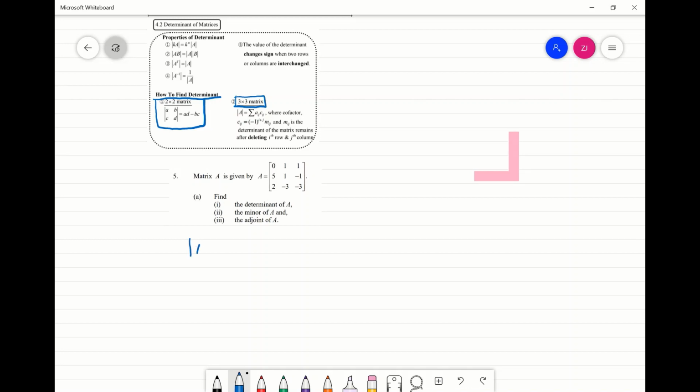So determinant of a matrix is the sum of Aij and Cij, whereby Aij is the element in the respective row and column, while Cij is the cofactor element.